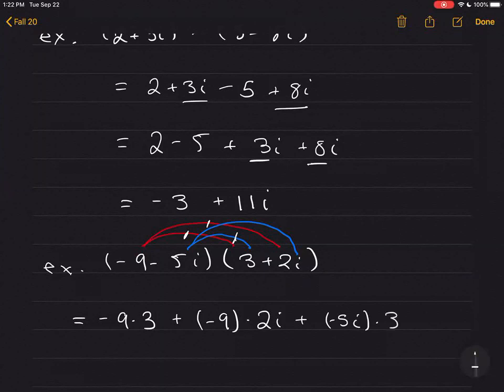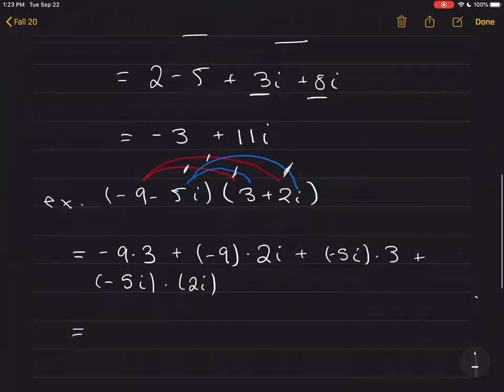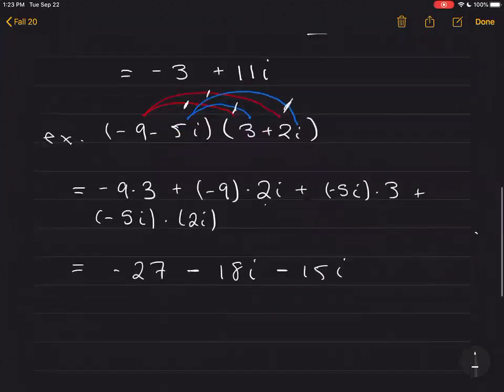And then for this last blue line here, we get plus -5i times 2i. Okay, cool. And then if we do some simplification here, we get -27 and then minus 18i, right? So this -9 times this 2, and then minus 15i.